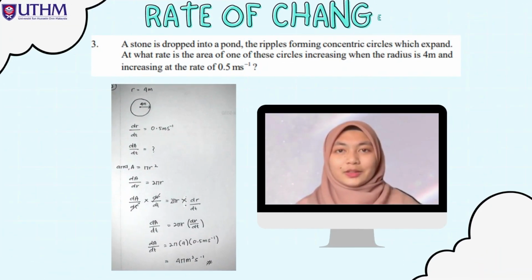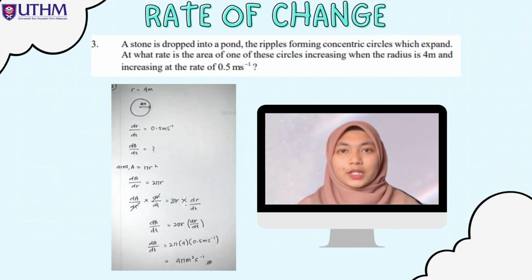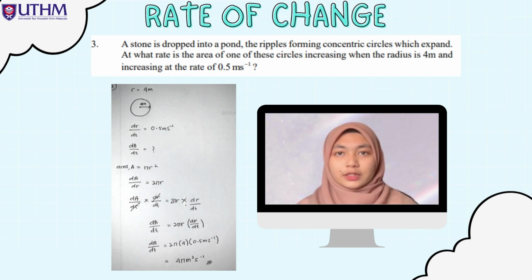In this question, we also use the formula of area, which is pi r squared, but before that, we need to jot down all the values given in the question. The radius is 4 meters and dr over dt is 0.5 m per second. We differentiate the area: dA over dr equals 2 pi r, and we need to find dA over dt, so dA over dr times dr over dt, so that we can remove the dr. Now, we know dA over dt is 2 pi r times dr over dt.